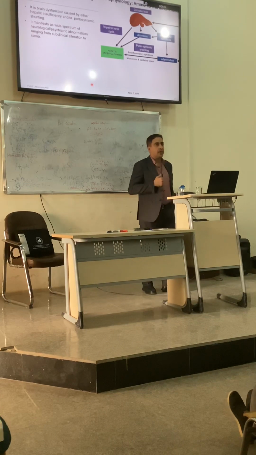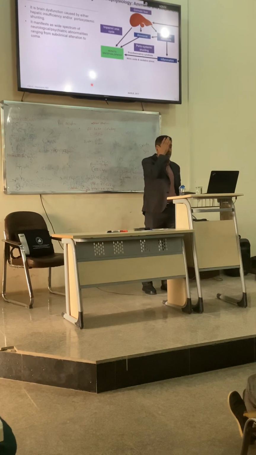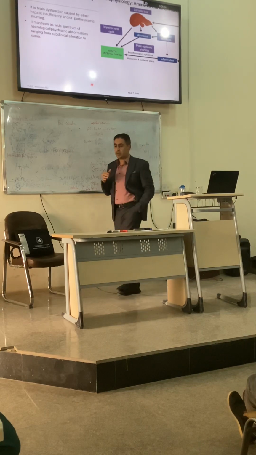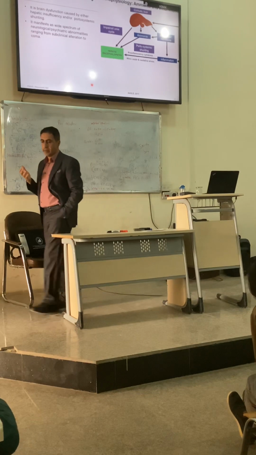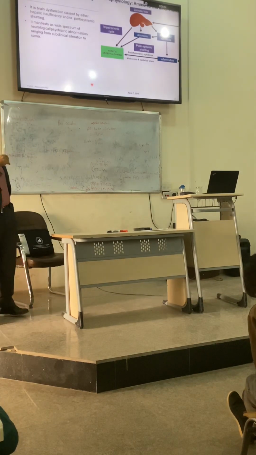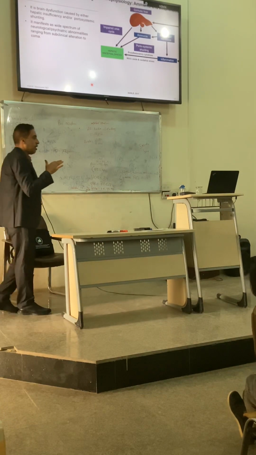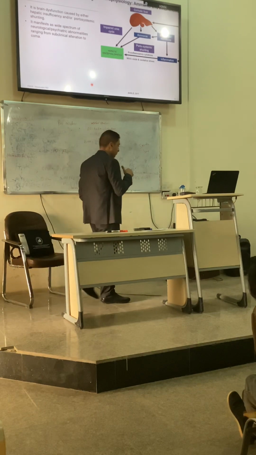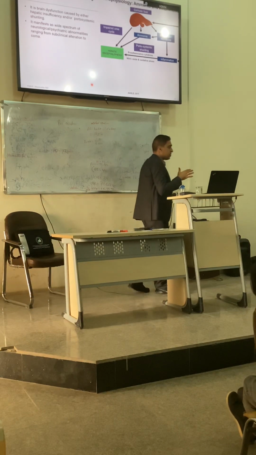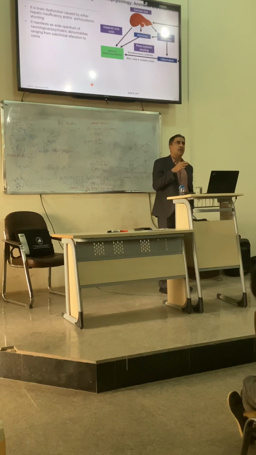Hepatic encephalopathy is the dysfunction of the brain, usually because of the accumulation of ammonia. The ammonia affects patients with liver cirrhosis, and the patient starts to develop symptoms.